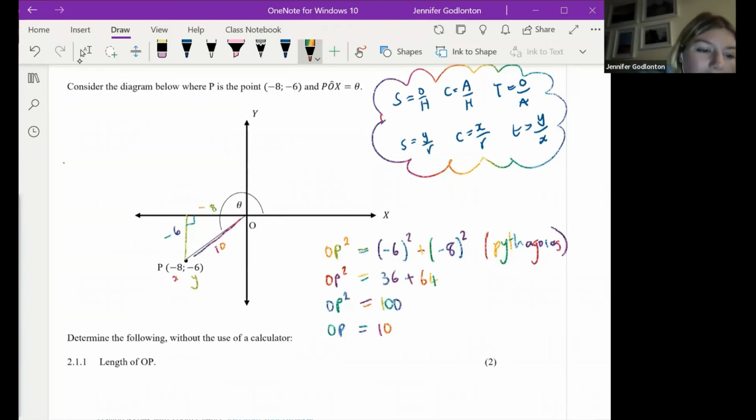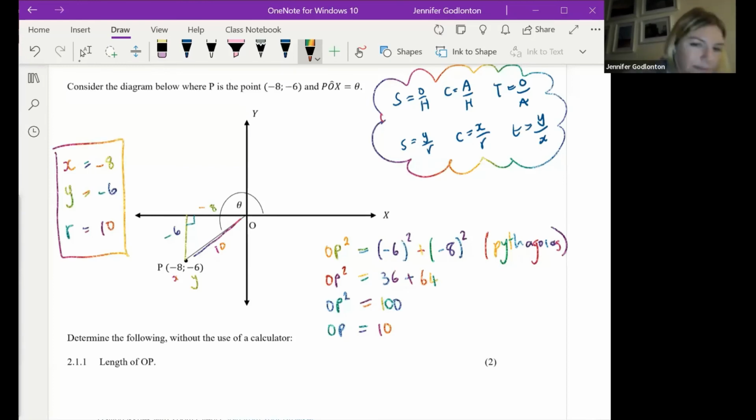Okay, we are looking for X's, Y's, and R's, and we're going to fill in exactly what we have. What is my X value? -8. There we go. What is my Y value? -6. What is my R value? 10.